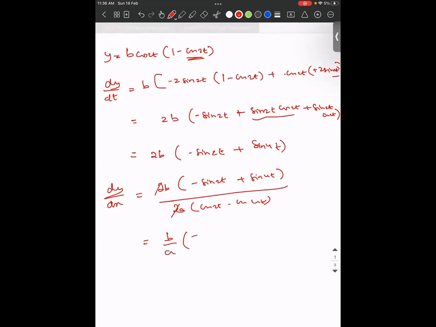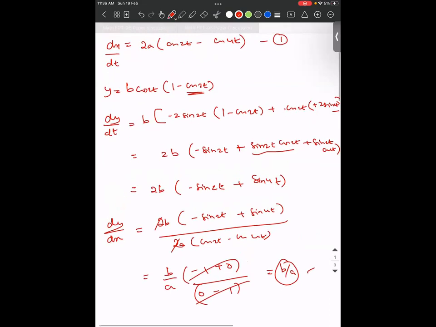Minus sin 2 pi by 4 is sin pi by 2, so it is minus 1, plus sin 2 pi, this will be 0, the whole divided by cos 2t is cos pi by 2 is 0, 0 minus cos 4t is cos 2 pi. So it will be minus 1. So minus 1 and minus 1 will get cancelled. Answer will be b by a. I have space constraint, I'm not able to do it. So if you do it clearly, you will be able to understand. So answer is b by a.